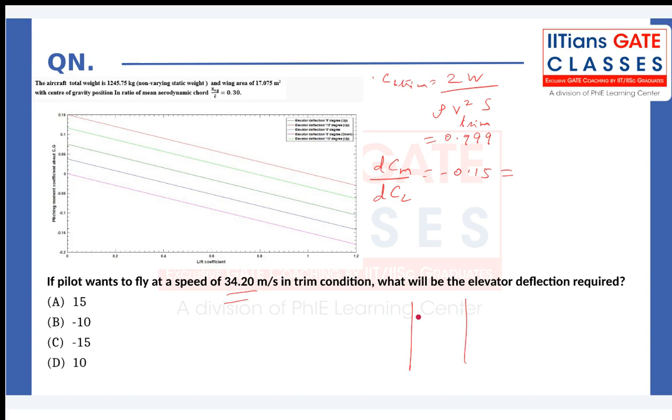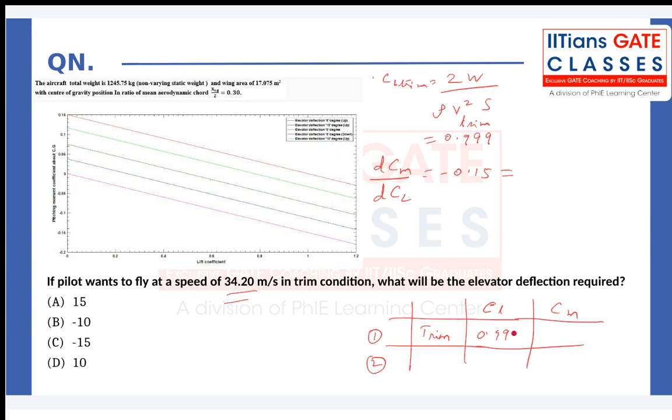Take 2 points of the graph. Point number one is trim, right? And point number two is where your CM naught is. Okay, so for these 2 points, what will your CL and CM be? At trim, what is the CL? Your CL trim, which is 0.99.